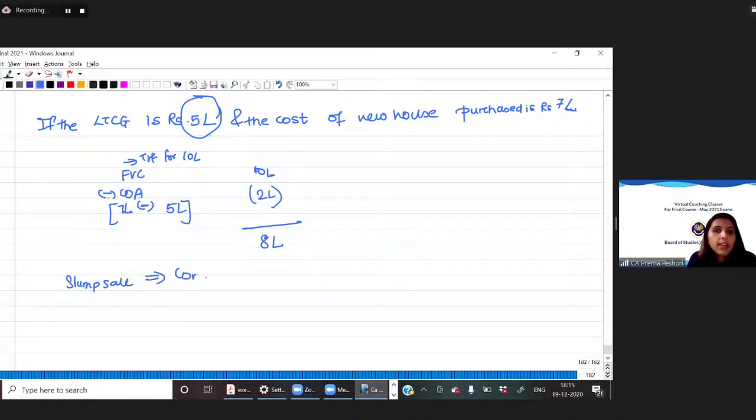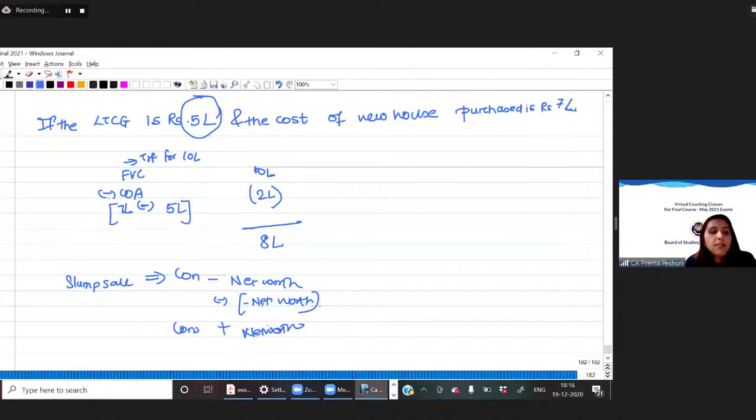We do consideration minus net worth, right? So this will be negative net worth, this will become positive. So this will become consideration plus net worth. Clear, Ramya?